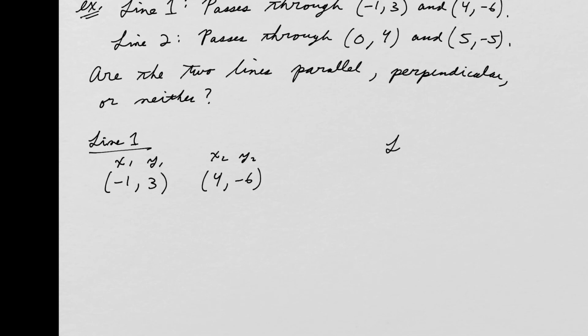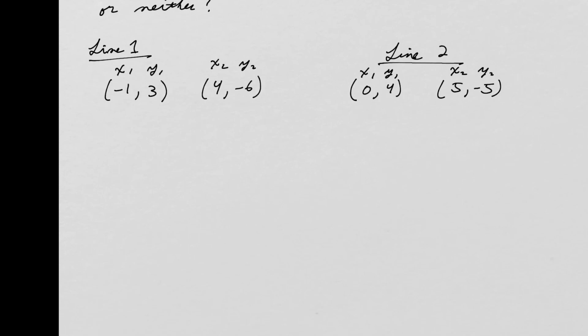And I'll do the same thing for line 2. So line 2 passes through (0, 4) and (5, -5). So this is x1, y1, x2, y2. Okay, so let me compute the slope for both of those. The slope, as usual, is y2 minus y1 over x2 minus x1.